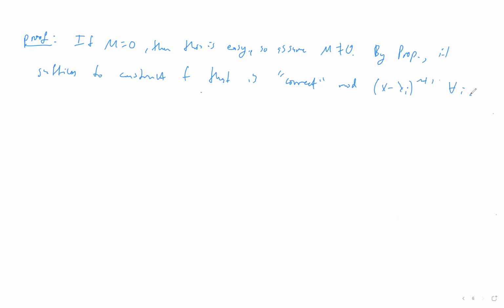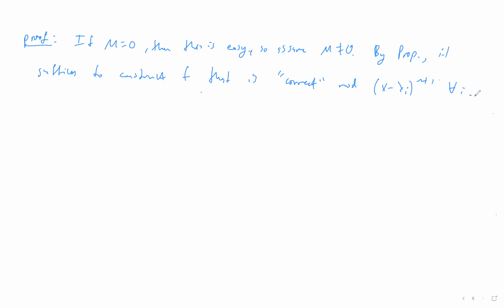So when I say correct, I mean you're going to take f, and you're going to look at it mod (x minus lambda_i) to the n plus 1, and you're going to ask which coefficients are 0 and non-zero. And as long as you have the correct pattern of 0 and non-zero coefficients, then the first n plus 1 columns of M_f of lambda will look like what they need to look like. And this is precisely the content of Mel's proposition from the beginning of the talk.